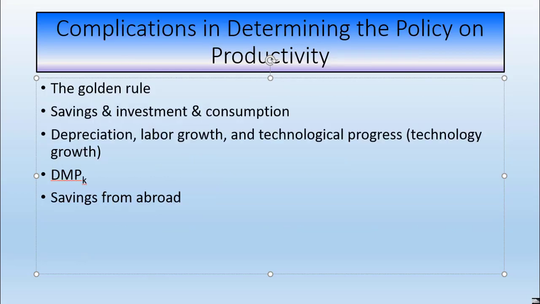Now, moving on. Saving and investment are very important to the Solow model. Recall I talked about the Solow model from the 1950s. It's still used today. That model had indicated that there was a golden rule level of capital stock per worker that would allow the economy to grow smoothly with roughly constant growth in output, capital, and labor. So that was the golden rule. Figure out the optimal savings rate so that savings and investment would lead to a constant growth in output, capital, and labor.